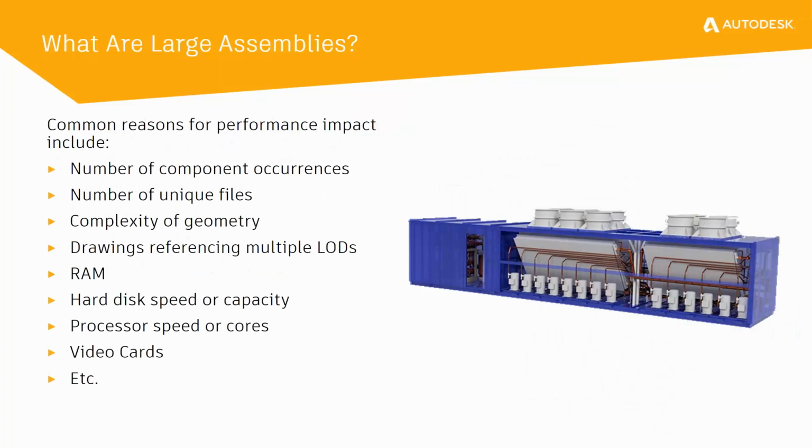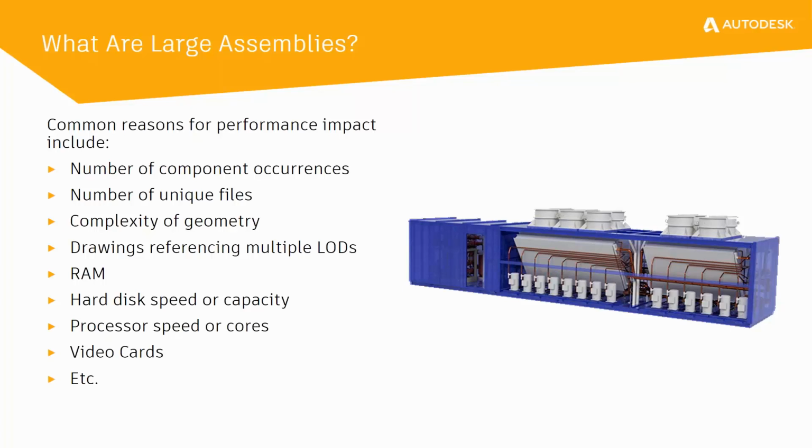Now, the reality is, and like I tried to define before, there are numerous areas that could be impacting the overall performance of your large assemblies. It could be simply the fact that you've got a lot of information, a lot of components, both total occurrences or unique files. The other thing could be the complexity of the geometry, and I'll try to highlight in the assembly we're just about to show you that if we were to model it a certain way, we could quite easily consider it a large assembly, but because we've used certain modeling techniques, we've significantly reduced the complexity of that design.